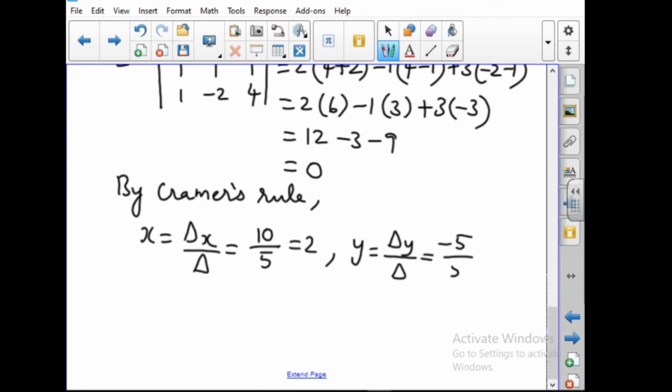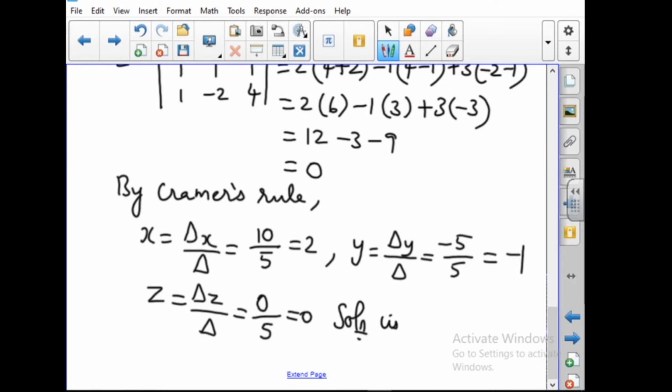Minus 5 divided by 5 is equal to minus 1. z is equal to delta z by delta. So it is equal to 0 by 5. The answer is 0. So your solution is x comma y comma z is equal to 2 comma minus 1 comma 0.